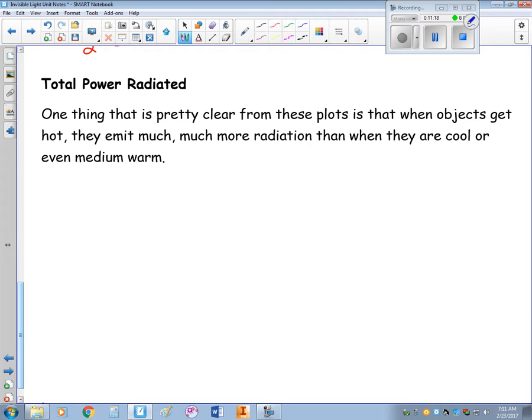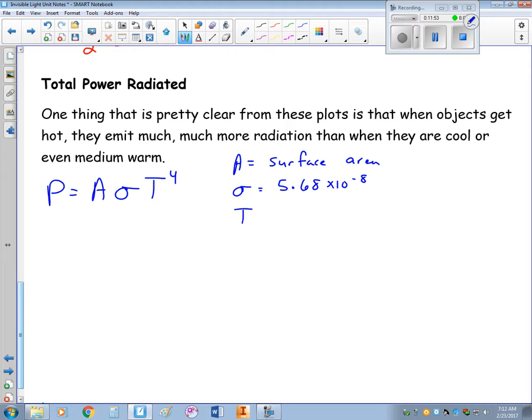So a formula we have for this is power equals A, forget what Greek letter, I think that's alpha, maybe capital alpha or something, T to the fourth. So A is for surface area. This is just a constant. T is for temperature in kelvins.